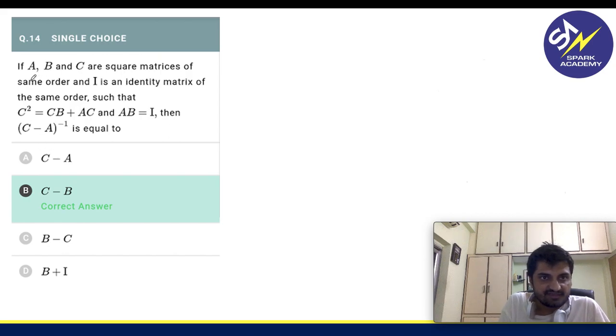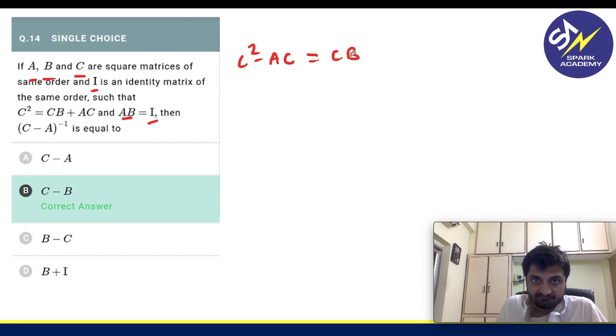Now look at this. A, B, C are square matrices of the same order and I is an identity matrix of the same order such that C square equals CB plus AC and AB equals I, then C minus A whole inverse is. So what I can do is C square minus AC I can write equals CB.